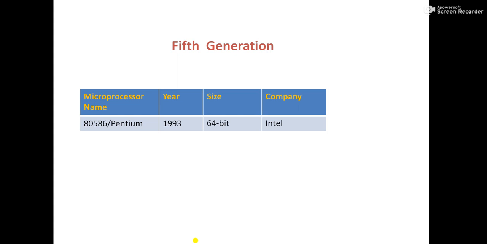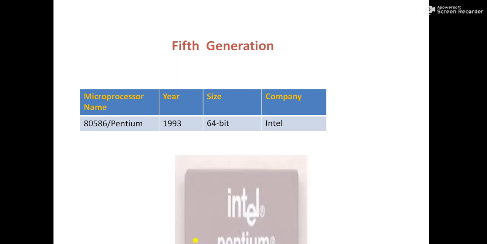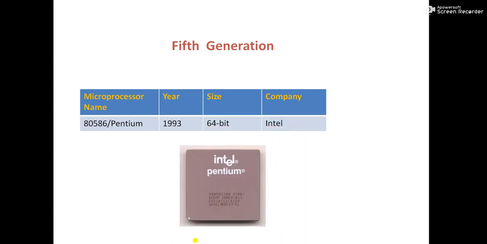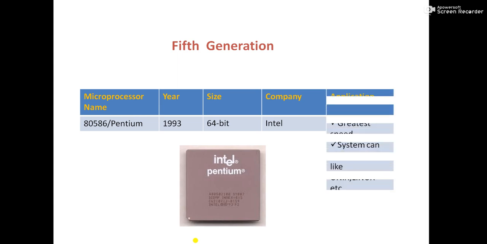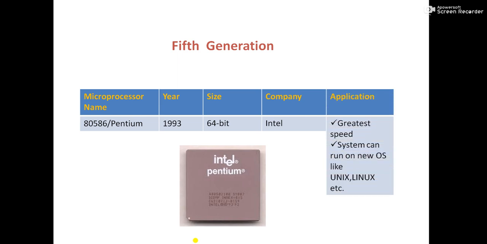The size of this microprocessor was 64-bit, and it was introduced in year 1993. You can have a look at microprocessor Pentium. System having this microprocessor can run on new operating systems like Unix, Linux, etc. So microprocessor 80586 is also known as Pentium.